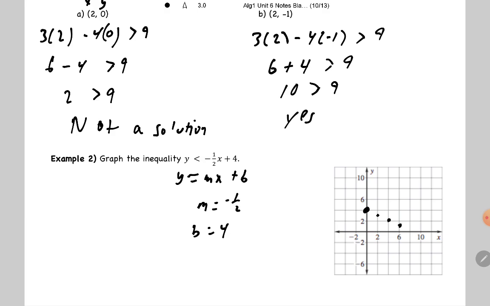Okay, now before I make my line, I need to make this a dashed line, because it's an inequality with the less than or greater than. A solid line is for greater than or equal to or less than or equal to.